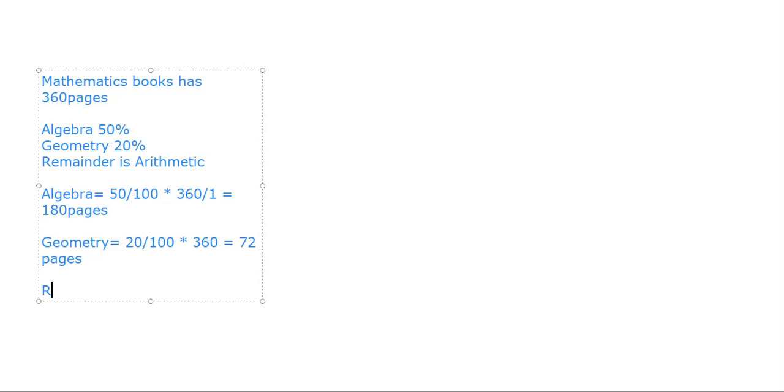And the remainder will be the total 360 minus the other two sections, which is 180 plus 72. When you add them up, the answer is 108 pages for arithmetic, right? Awesome.